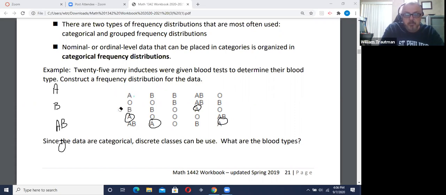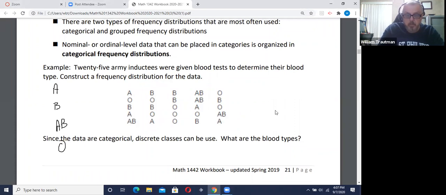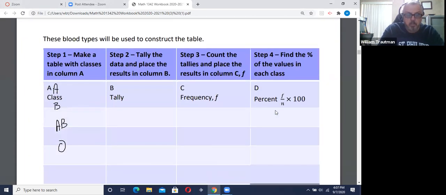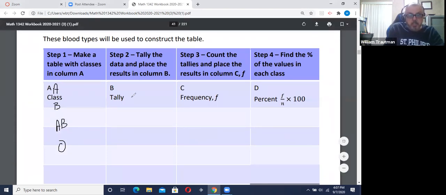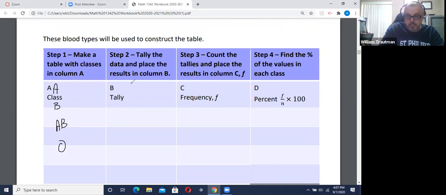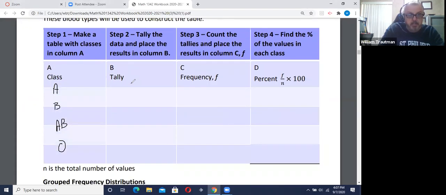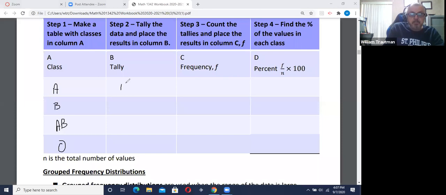I'm going to erase that just for a second. 5 type A. The tally marks I would put in here would be, there we go, 1, 2, 3, 4, and then 5. So there's a frequency of 5. And if we remember, there were 25 total pieces of data.